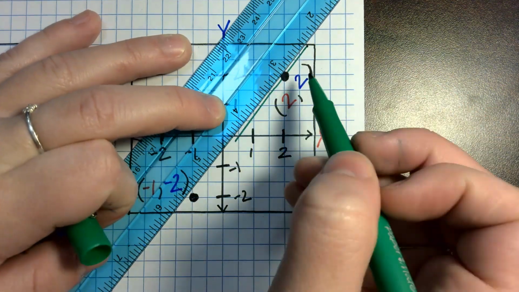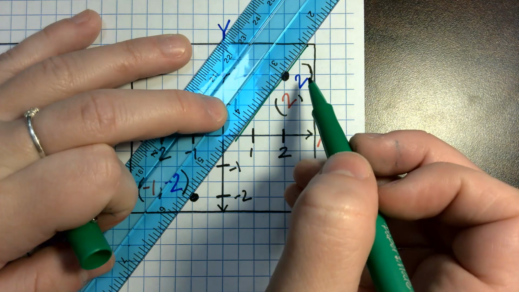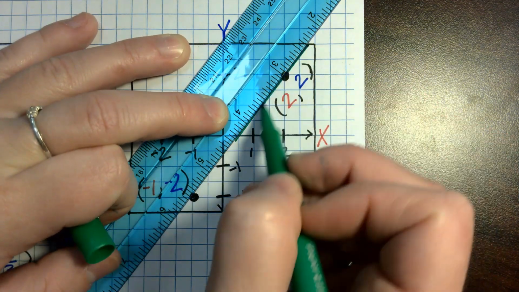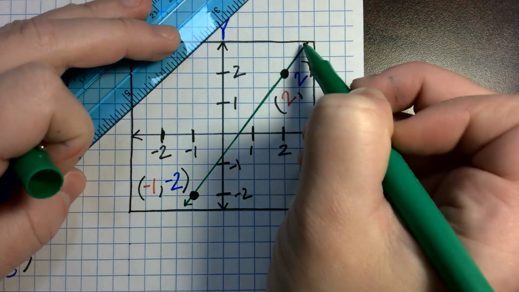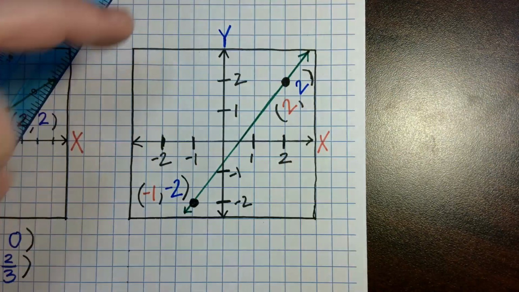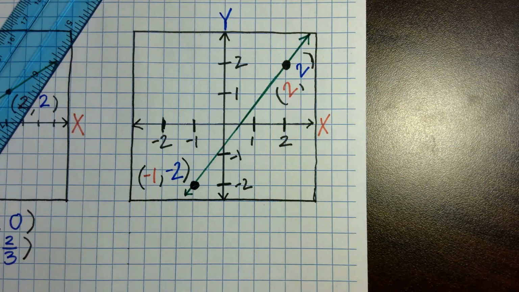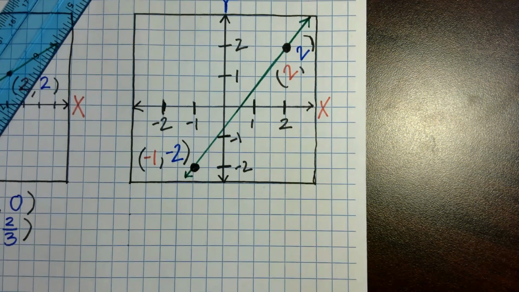Oh, I messed up. My ruler slipped. There we go. Okay. Now we can be a little more accurate with our intercepts since our points are a little more spaced out.